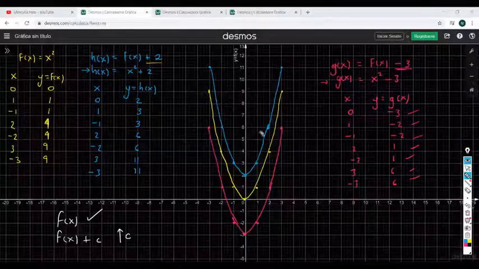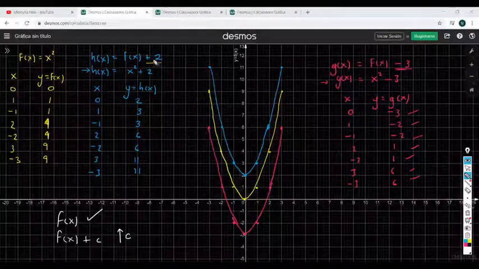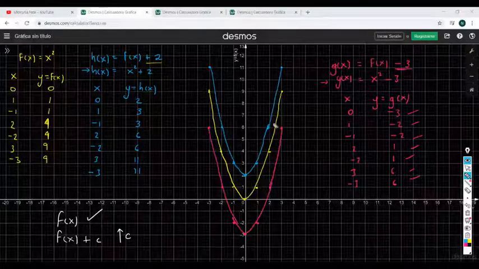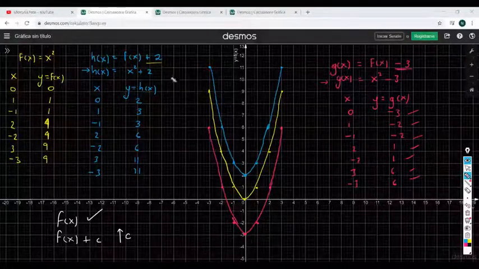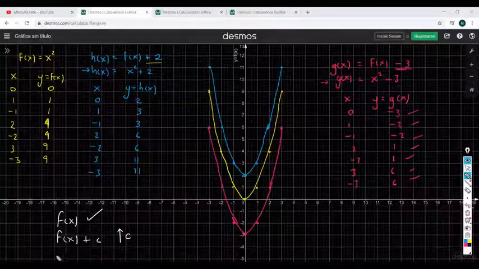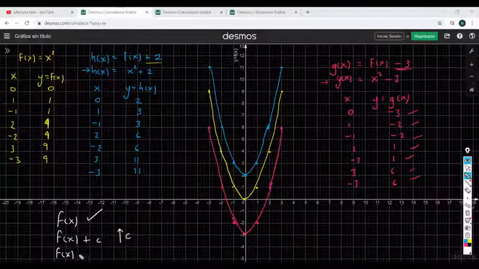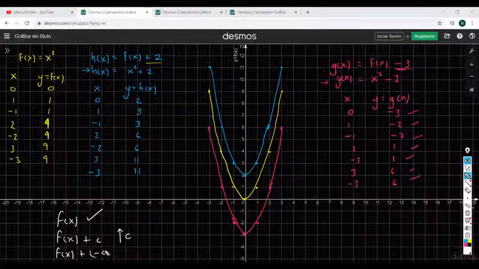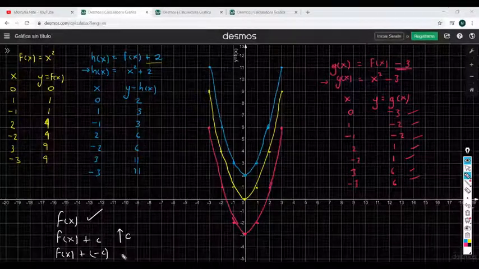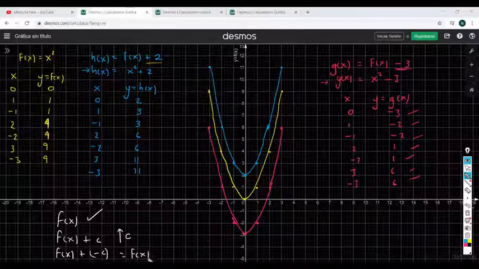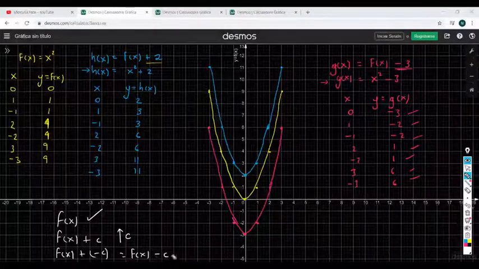Okay, just like the blue one. This is displaced with reference to the yellow one. This is displaced 2 units upwards. And the graph of a function f of x minus c is the same.